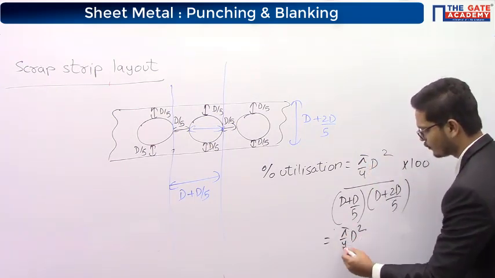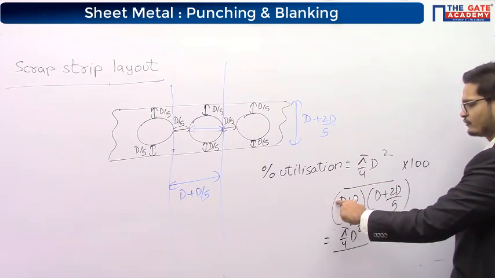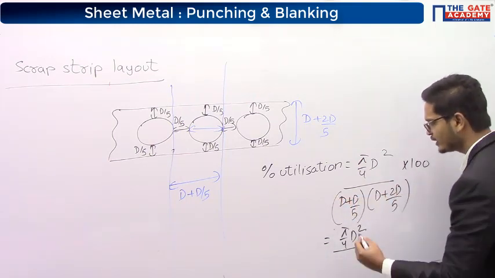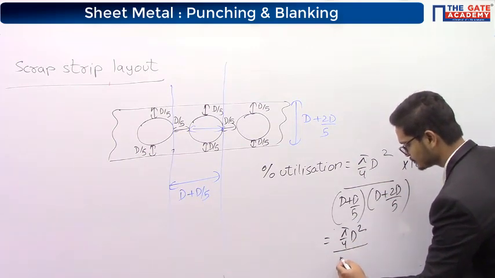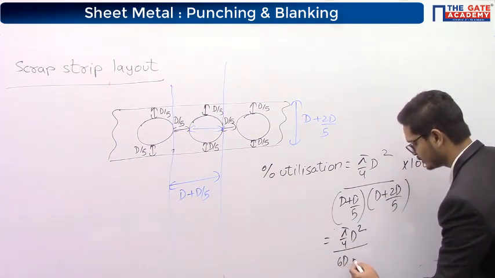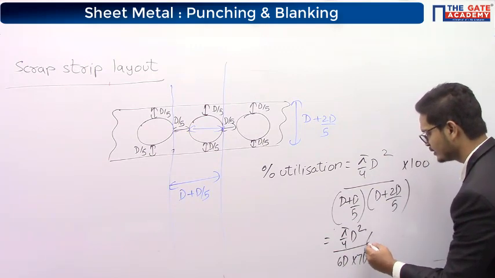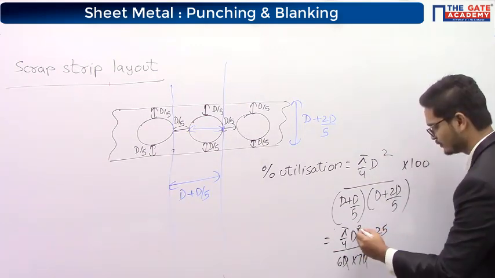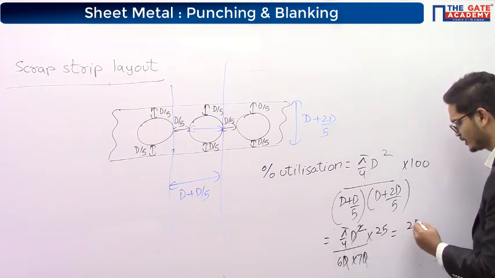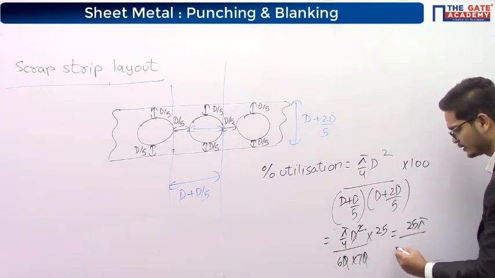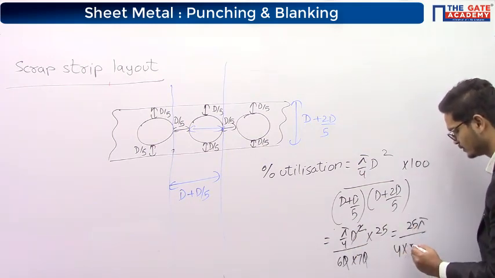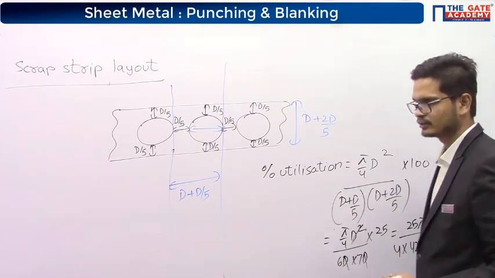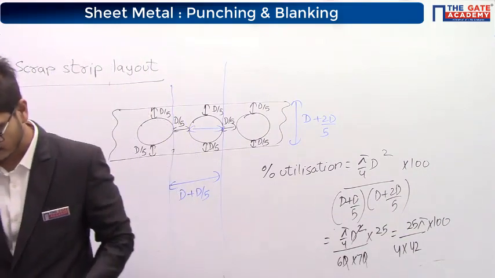So pi by 4 D square upon 5D plus D, 6D, into 5D plus 2D, 7D. So it is 6D into 7D into 25. D square will get cancelled. 25 pi by 4 into 6 7s are 42 into 100. Is it right? Have I made any mistake?